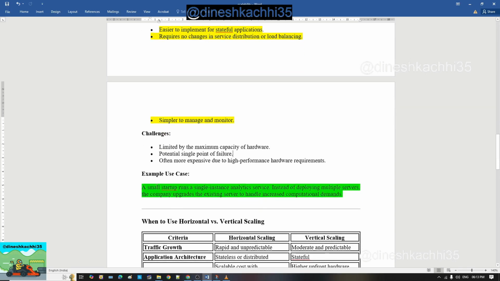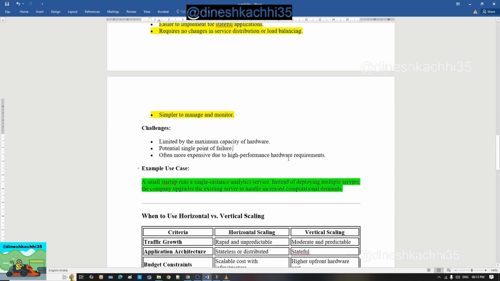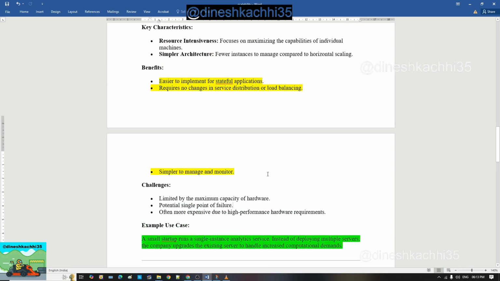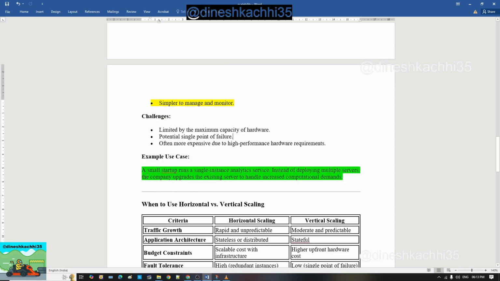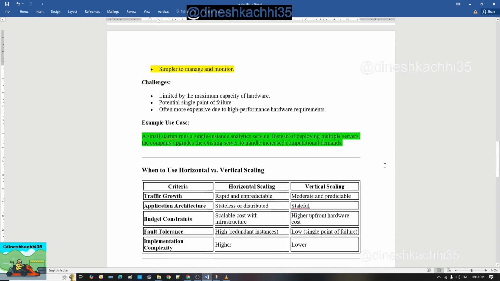There are some use cases where we can use vertical scaling. For example, a small startup runs a single-instance analytics service. Instead of deploying multiple servers, they can upgrade their existing server resources and increase the computation capacity, right?